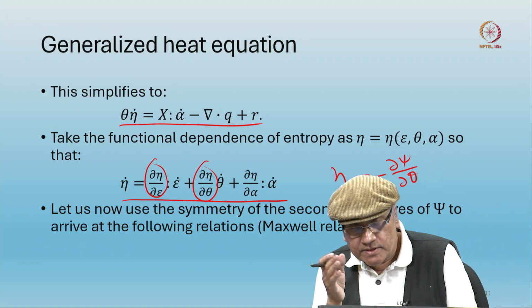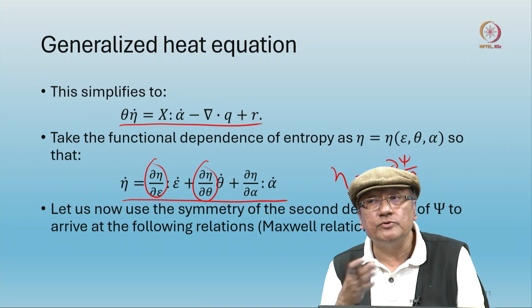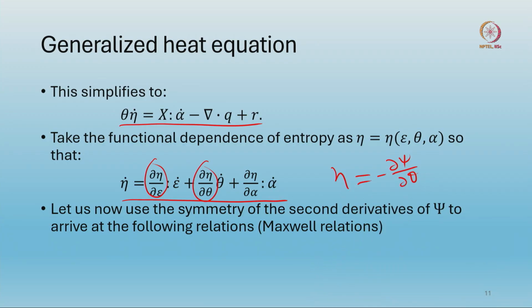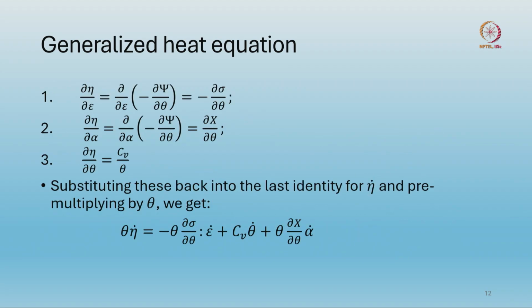That means the order in which we take the derivative does not matter. If we use that, we arrive at a sequence of very interesting relations which Maxwell in Edinburgh derived more than 150 years ago. These are called Maxwell's relations. These are very standard things in thermodynamics, but I am just making them explicit here.